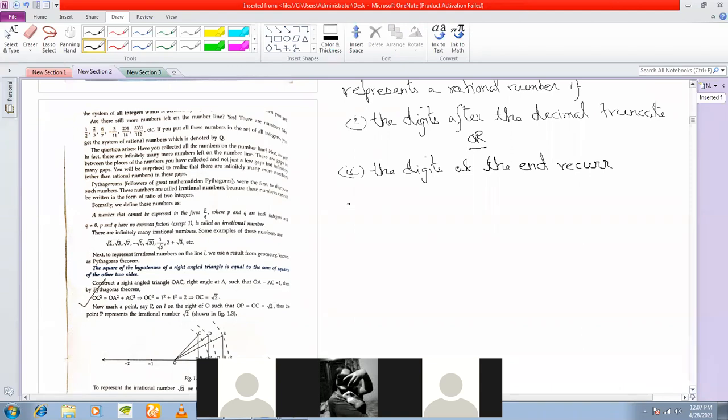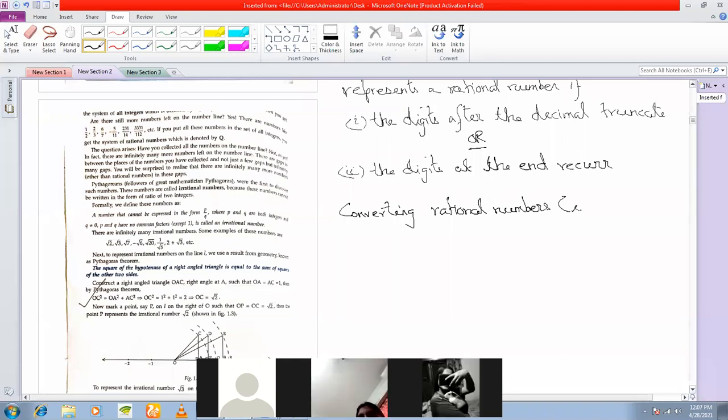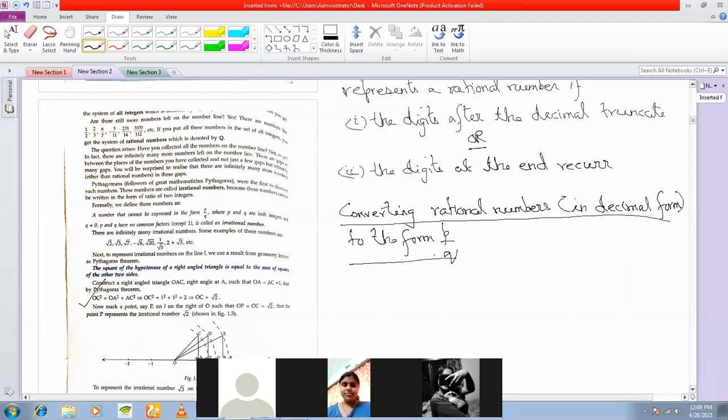Okay, so converting rational numbers in decimal form to the form p by q, or to a fraction.